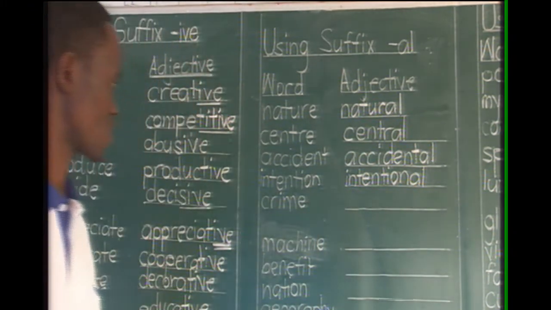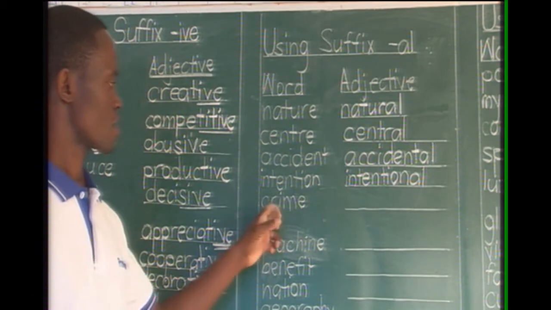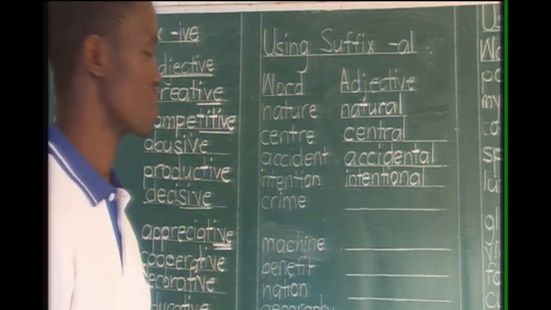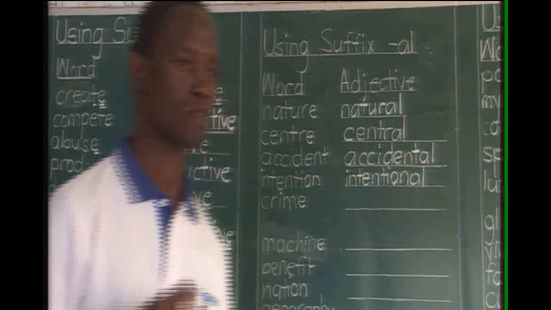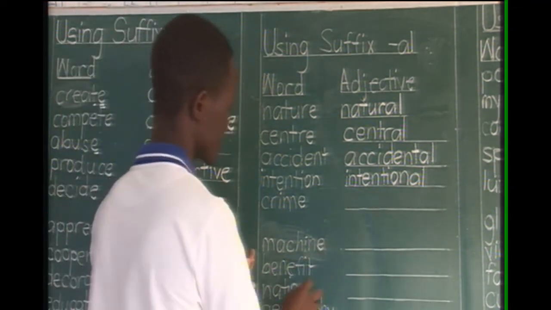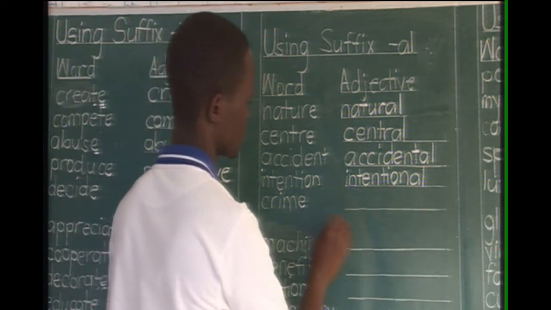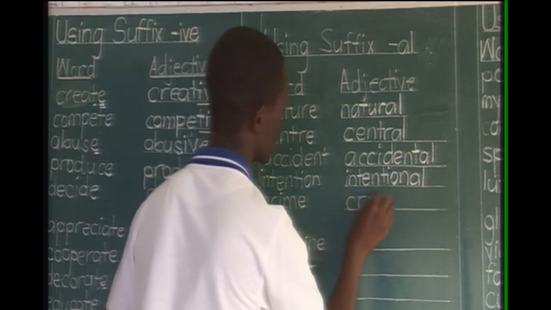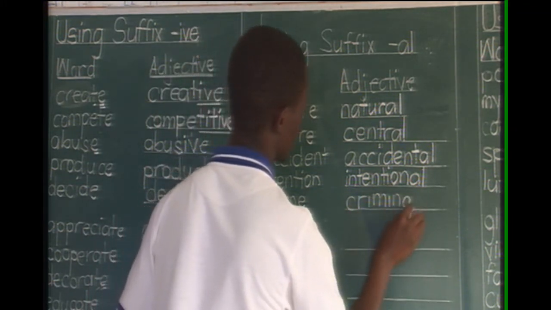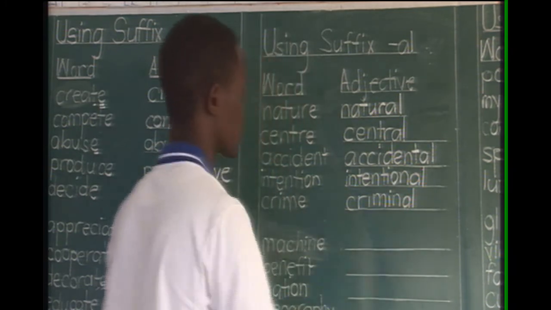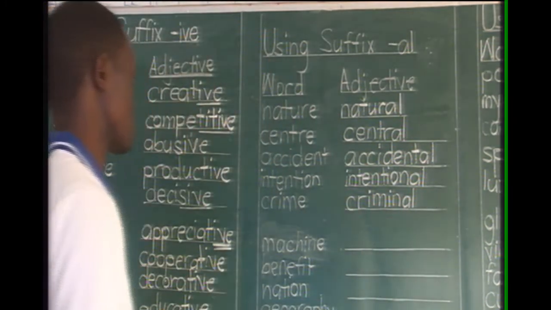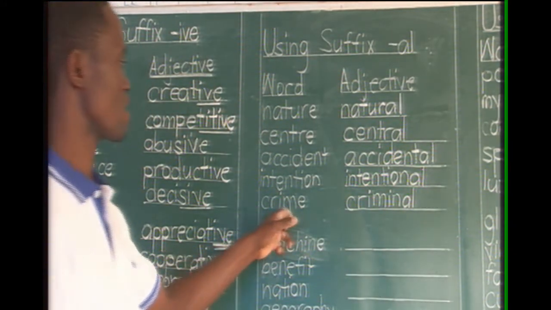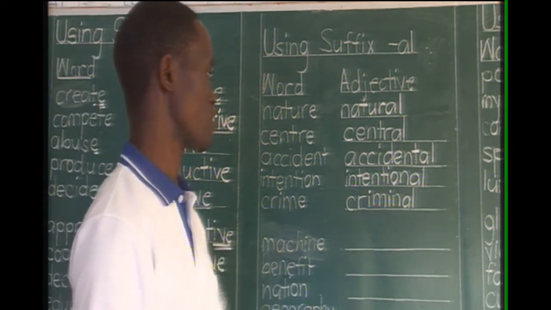We normally answer in small letters. Crime is our next word, and its adjective is, from P5, term 3, peace and security, criminal. Criminal is our adjective from crime. Crime is the noun, the adjective is criminal.